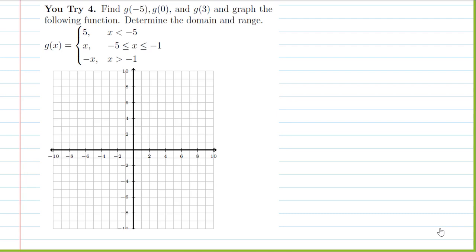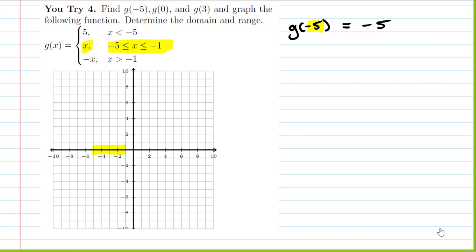All right, so to resolve our u-try, let's go ahead and calculate our values. So if we want to calculate g of -5, well, -5 is in between -1 and -5, so we're going to use that rule. So we replace our x with -5, giving us -5. So that domain goes from -5 to -1, so it's right here.